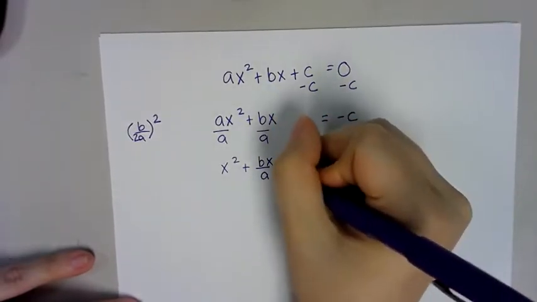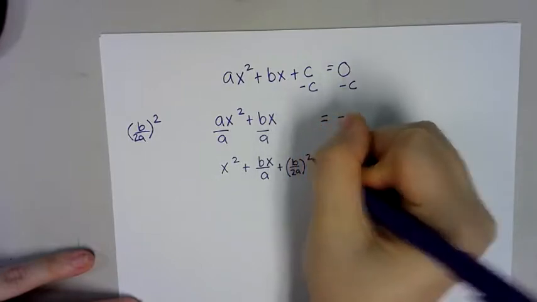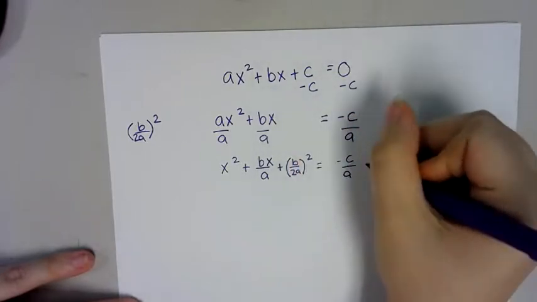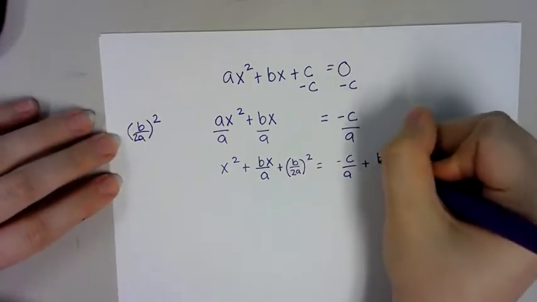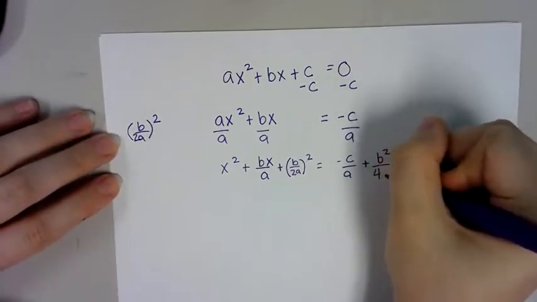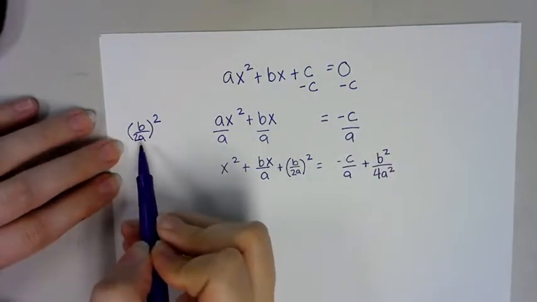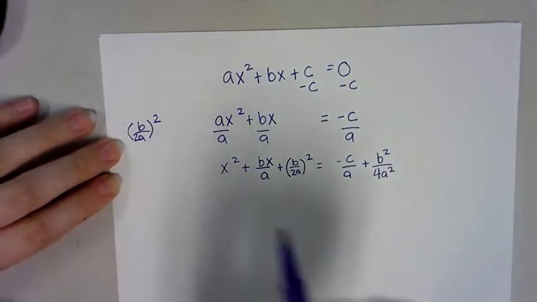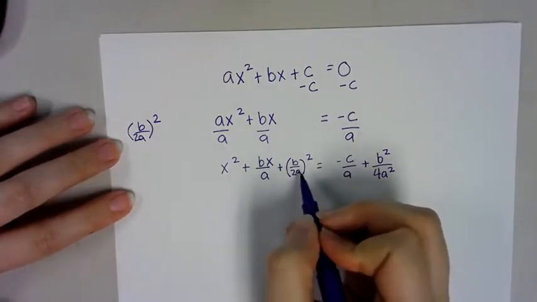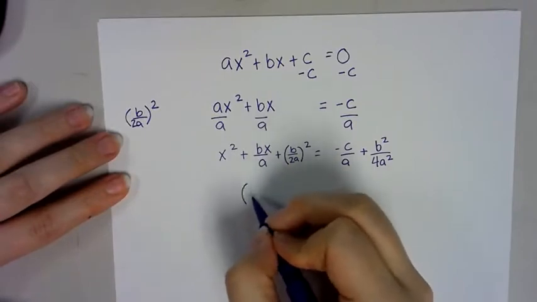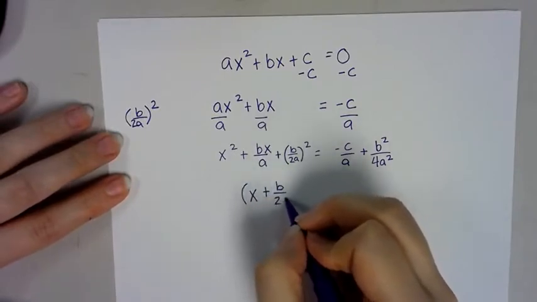Now, I'm just going to add it exactly like it is without working it out on that side, and then I can go ahead and work it out on this side. B squared over 4a squared, because it's b times b and 2a times 2a, which is 4a squared. The reason I left it this way is so that we can more easily factor this into x plus b over 2a.